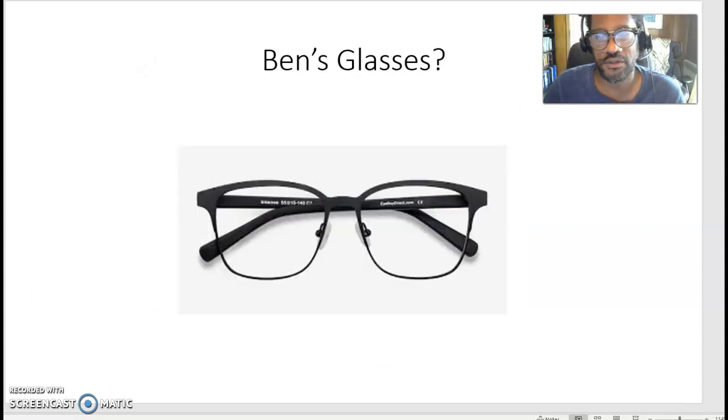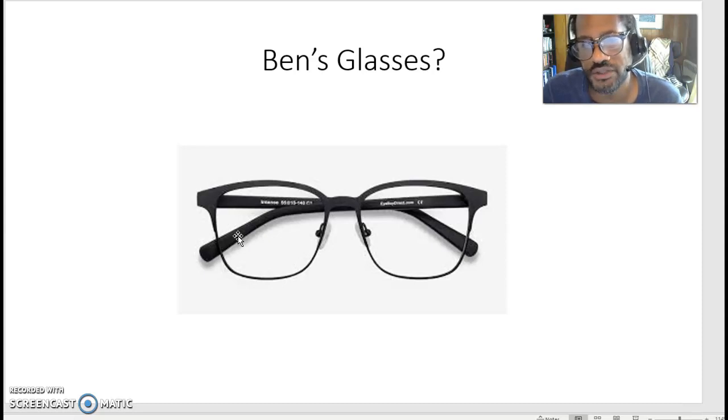So the next thing, there's a video that you'll need to watch in here called Ben's Glasses. It's actually a commercial for eyeglasses. And I want you to think about the symbolism of glasses. Now, right now, glasses don't represent anything to you, right? They're glasses. You use glasses to be able to see. But when you watch this commercial, it's really like a short movie, you will see that these glasses begin to represent something else.